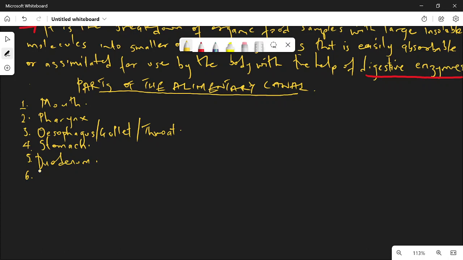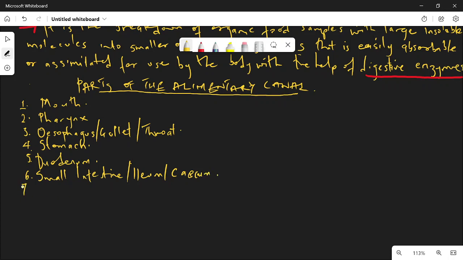Then number six is going to be the small intestine, or the ileum like I called it, or the cecum.